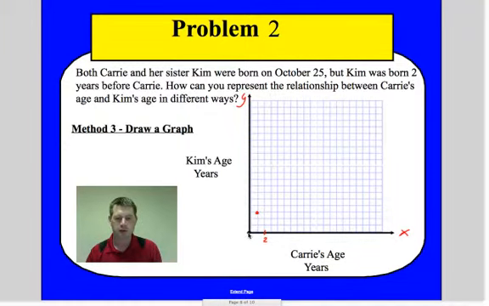There. So let's backtrack. What happens if Carrie is 0? Well, that means that Kim has to be 2. Okay, if Carrie is 2, so I'll put that in there. If Carrie is 2, then that means that Kim is 3. Okay, and if we say 3, it's going to be 4, and then 4, we're going to keep going up.